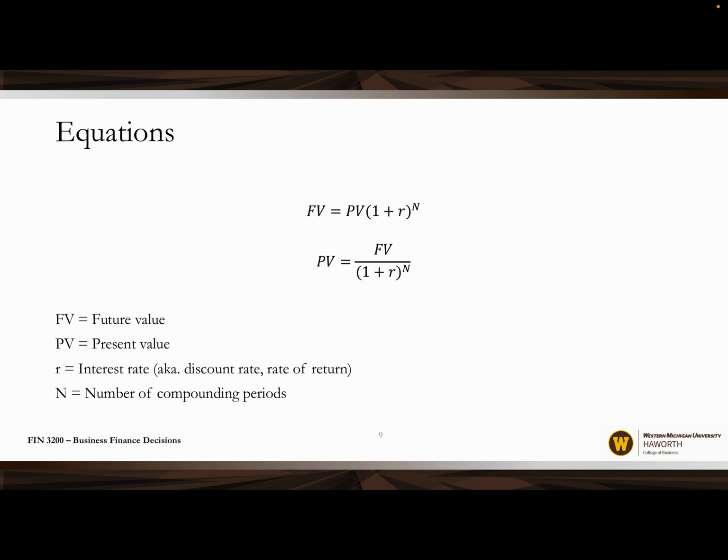So here are the equations. You've already seen these equations. PV is equal to future value over (1 plus R) to the N. When you're given some future cash flow, the R and the N, you can find an earlier value. Usually we're going to try to find present value as of time 0. That's the subscript that I'm going to use.